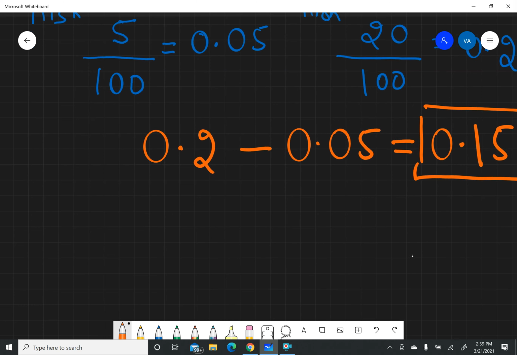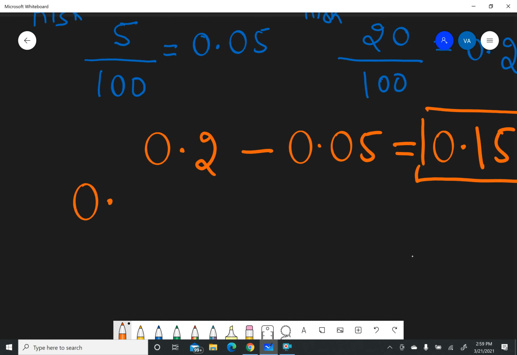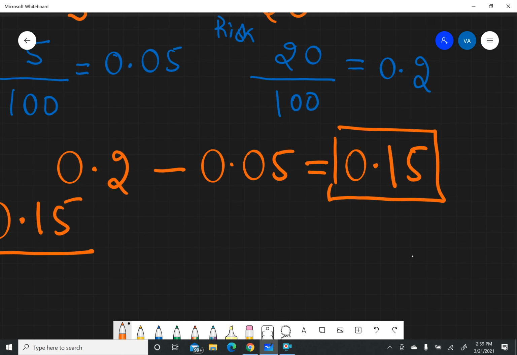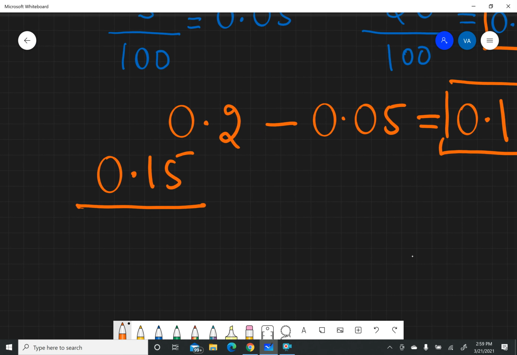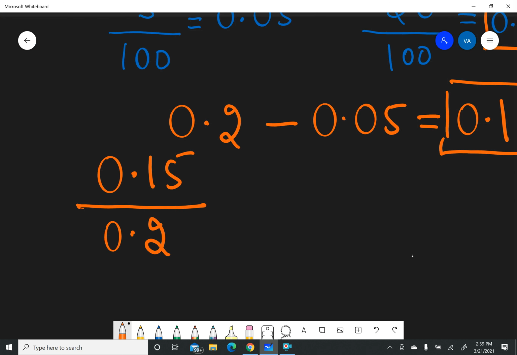Now the final step is that difference divided by the risk for the placebo. Remember, the fraction was 20 divided by 100, and the decimal was 0.2. That's the risk of infection for the placebo. So the difference divided by the risk for the placebo, where the difference is the numerator, and this one is the risk for the placebo.